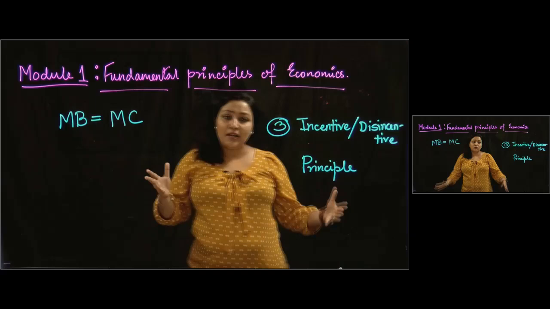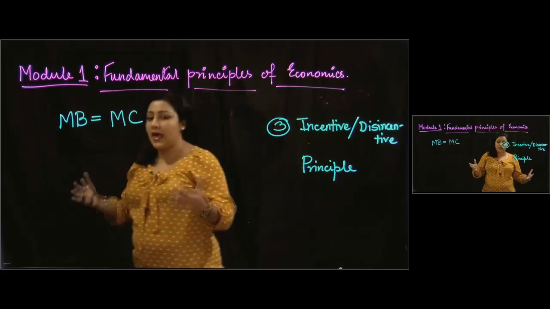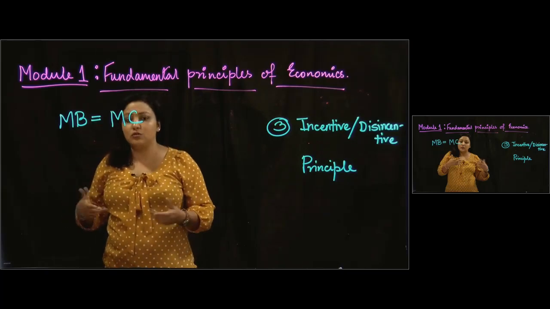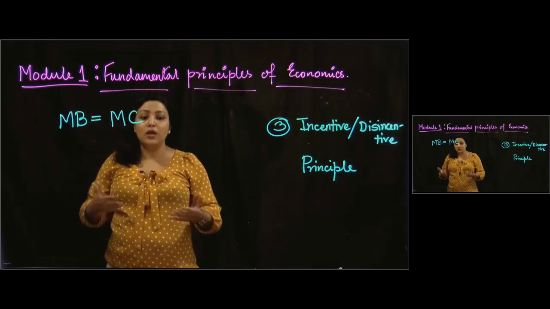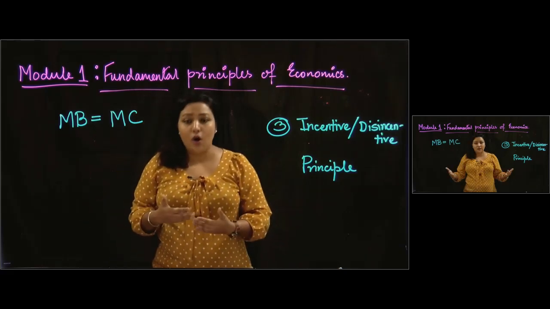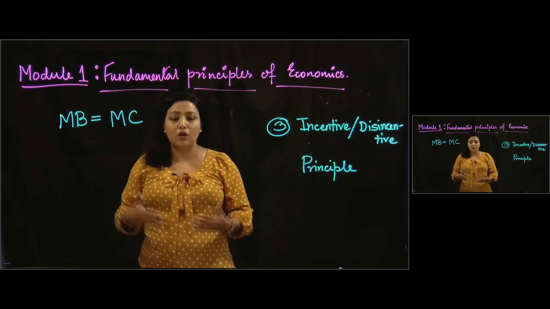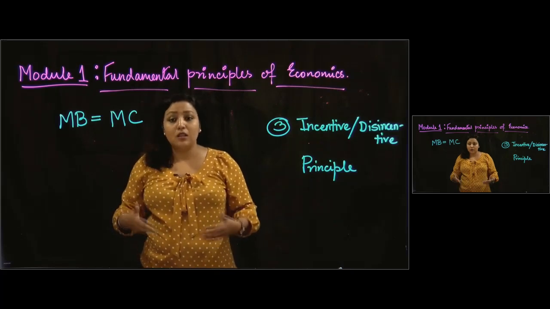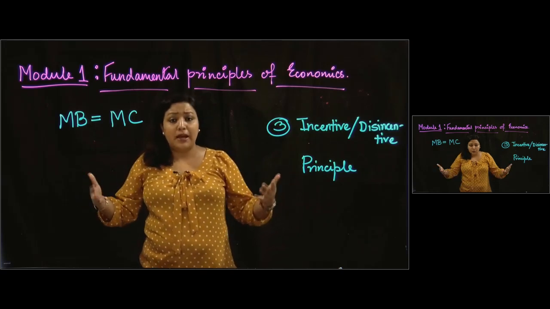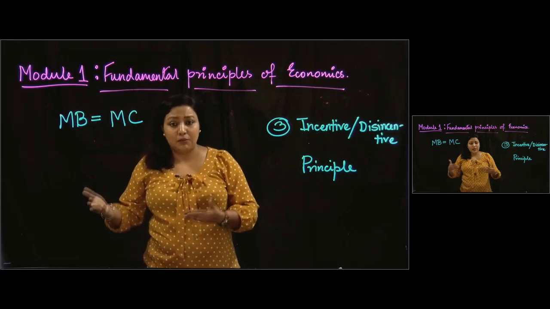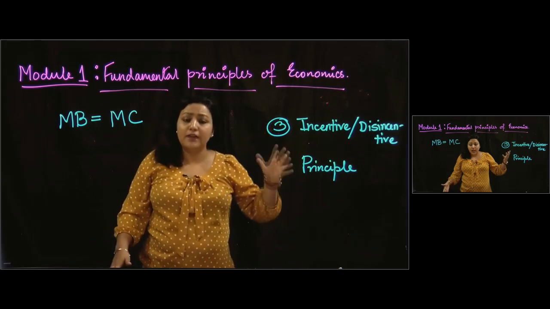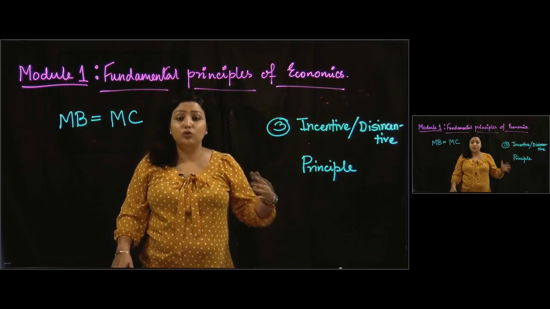So you can see incentives or disincentives can really help in taking a decision. It is something exogenous that helps a person to take a decision. And this will also be true at the macro level, at the level of the society. The government could give you an incentive or give you a disincentive for doing something or not doing something. For example, the government could give you a tax credit, which will be like an incentive and enable you to do something, or the government could raise the tax rates and create a disincentive or penalty for you to not do something.